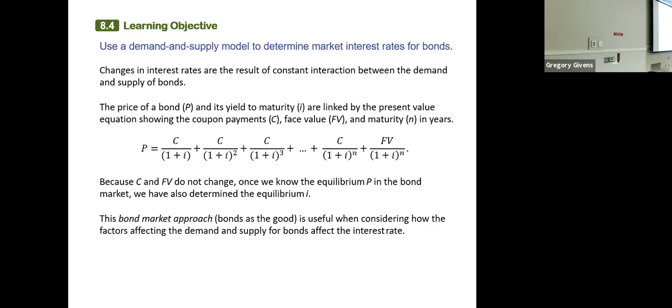The model that we're going to talk about for the rest of class today is slightly different. It's the bond market approach, meaning that the good that's being traded is not loanable funds per se, but the bonds themselves, right? And so the suppliers of bonds are going to be folks who are issuing those bonds, right? That is people who want to borrow, not people who are saving.